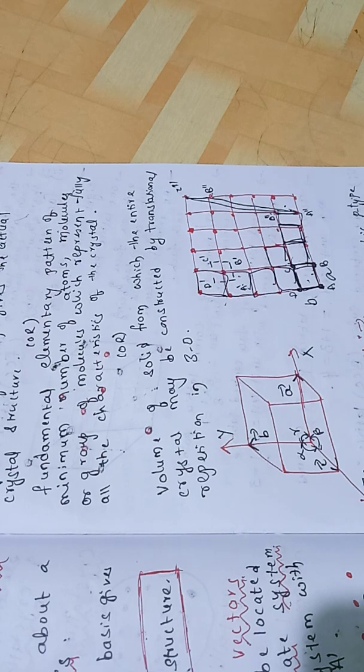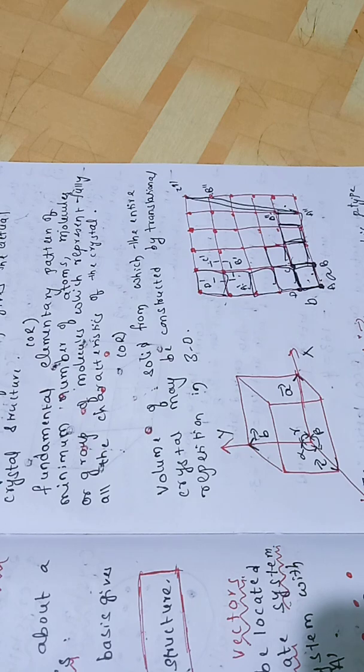In three dimensions, I gave the example of wall construction: we take identical bricks and arrange them in translatory mode, one over the other, side by side, and at last we get a wall. In such a way, the volume of solid from which the entire crystal is constructed by translatory repetition in three dimensions, we call it the unit cell.